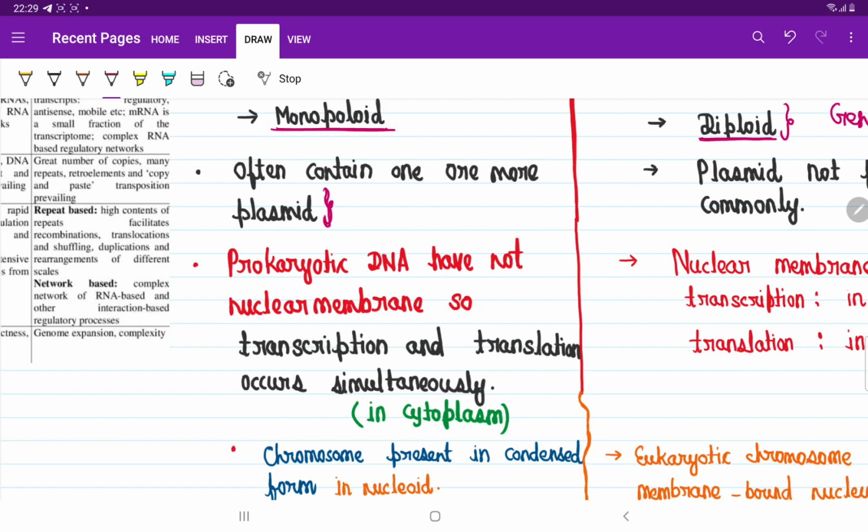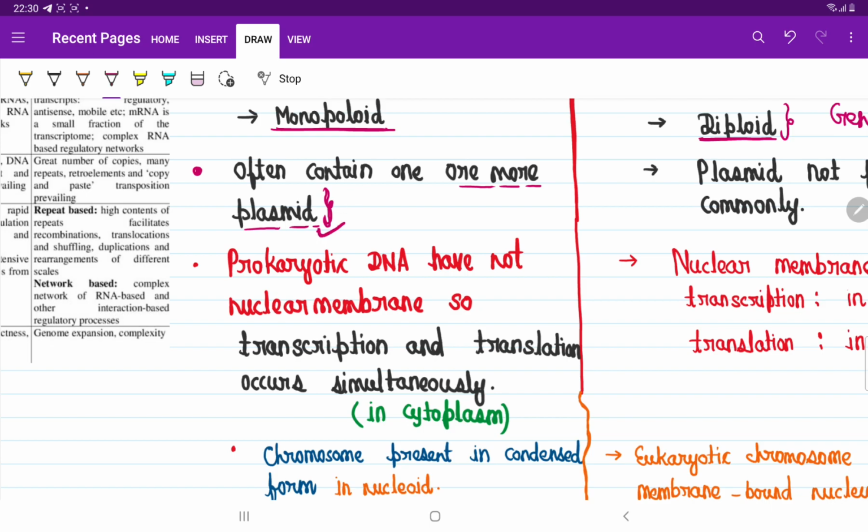In a prokaryotic cell, they can have plasmids. What is a plasmid? A plasmid is a kind of extra chromosomal DNA which is not essential for the survival of that cell. So often it is present in prokaryotes, not in every prokaryotic cell, but often this extra chromosomal DNA, this plasmid, is present.